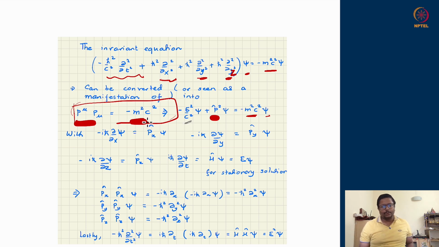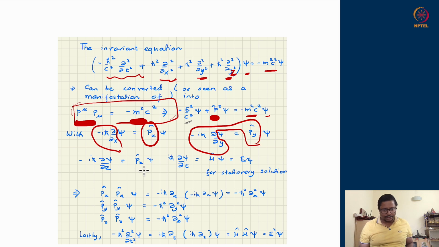Okay, now we know in quantum mechanics, px operator is the spatial derivative of the wave function with a minus iota h bar factor. Similarly for y, py will be minus iota h bar factor times the del del y operator. And similarly for z as well. So pz operator is also del del z operator with minus iota h bar factor.